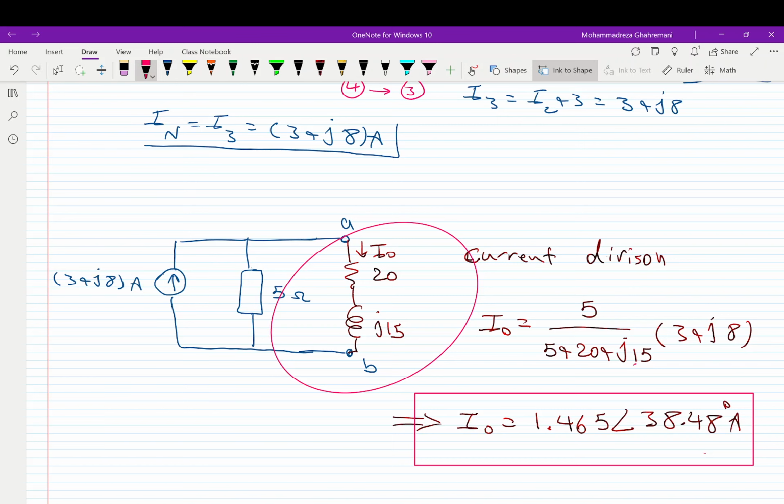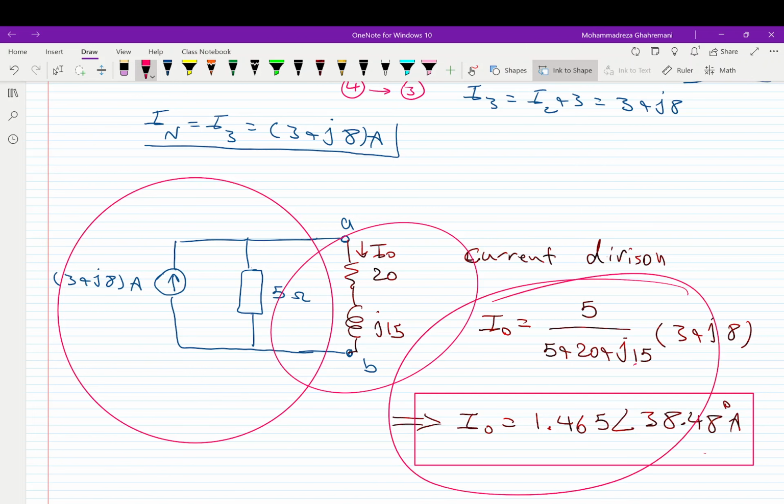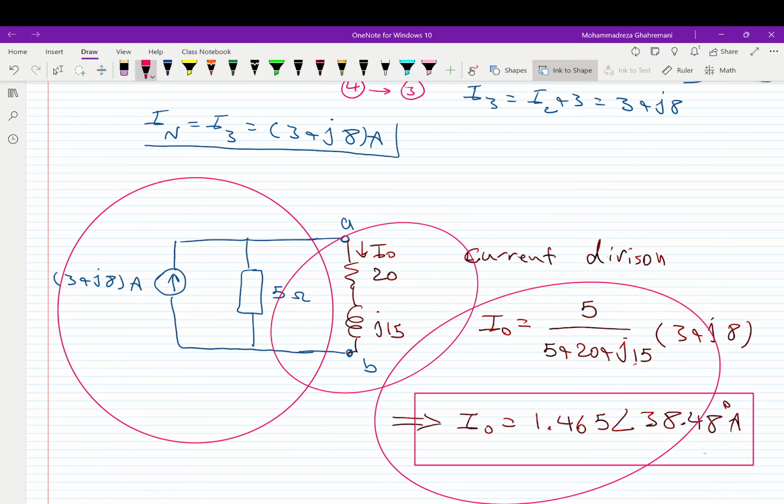So each speaker has its own impedance. In order to do the calculations, the best idea is to have the Norton equivalent circuit and just use current division or voltage division to find the current or voltage in the load.